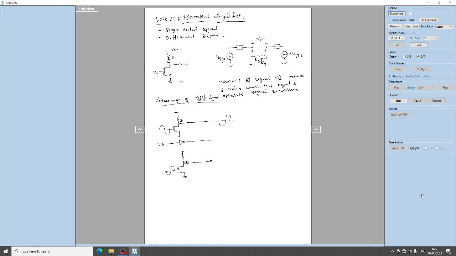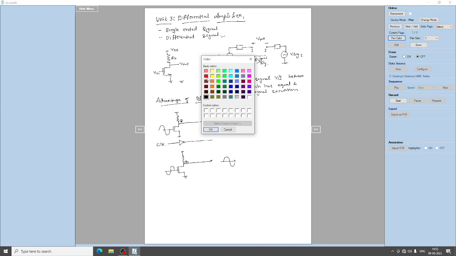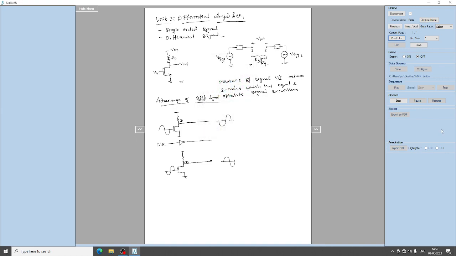If you have two signals, this is inverted with respect to node 1, means with respect to first circuit, this is inverted with respect to the second circuit. So here what happens, when you have two signals and the signal with respect to the clock signal is a very high frequency signal, say like this.